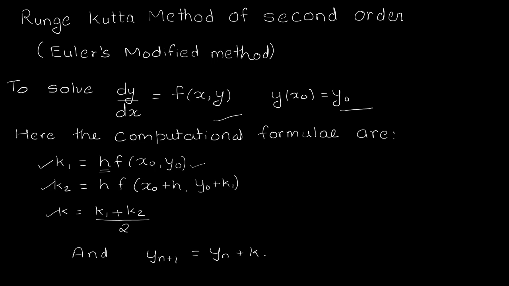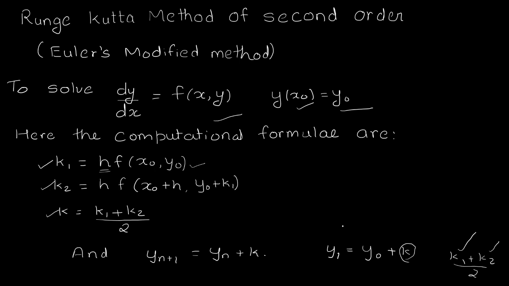So for example, x naught is there, y naught is there. If I want to find y1, it will be y naught plus k, and this k value is k1 plus k2 upon 2. And I have the formula for calculating k1 and the formula for calculating k2.